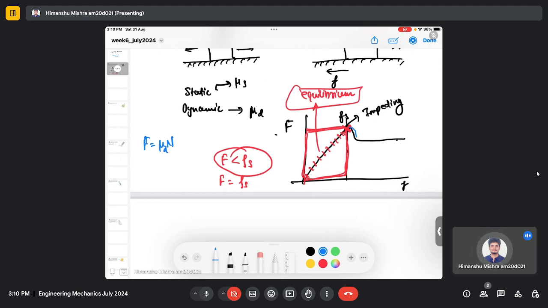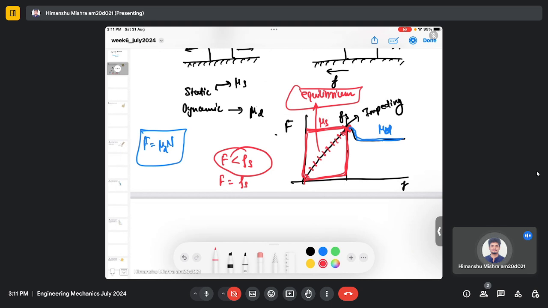When the body starts moving, the applied force is equal to or more than the friction force, and in that case you can define the friction force by using this relation. So here the friction is quantified by the dynamic friction μd, and here the friction is quantified by the static friction μs.